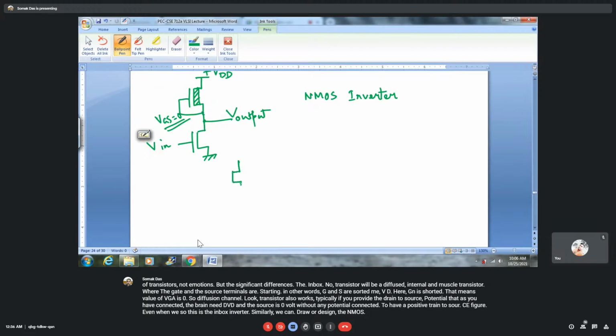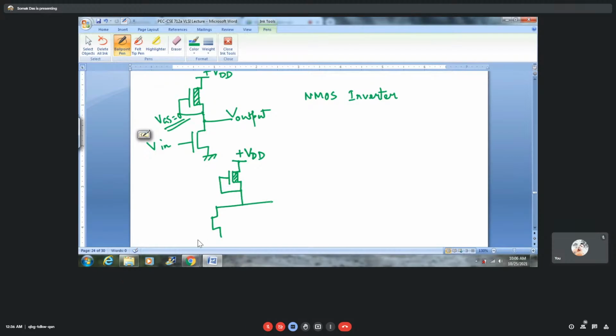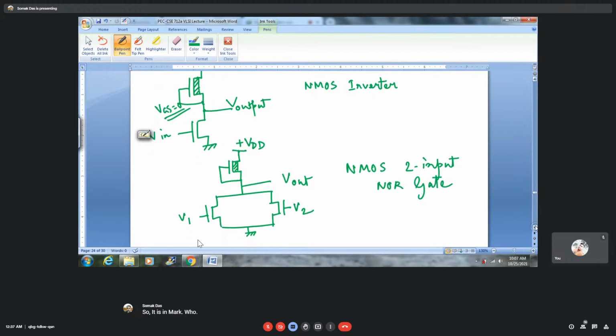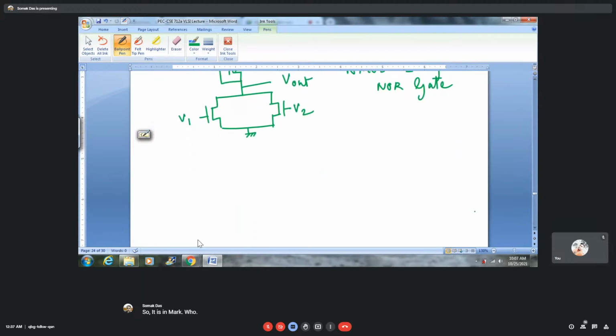So for the NMOS 2-input NOR gate, this is the NMOS 2-input NOR gate, and for the NMOS 2-input NAND gate, we have a cascaded kind of arrangement.